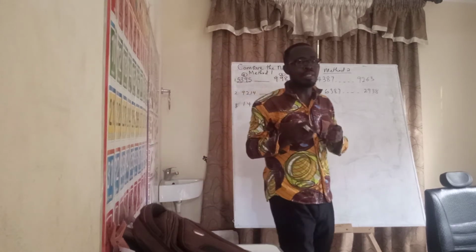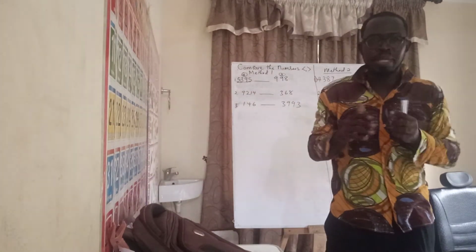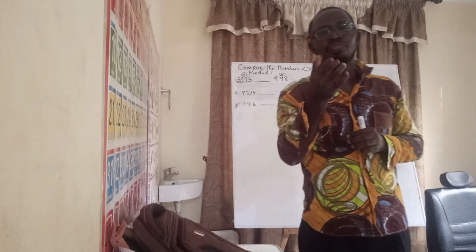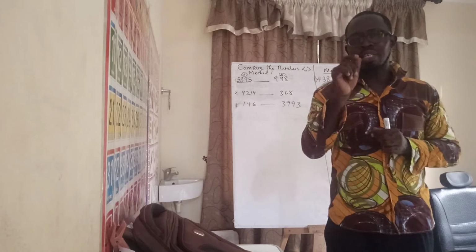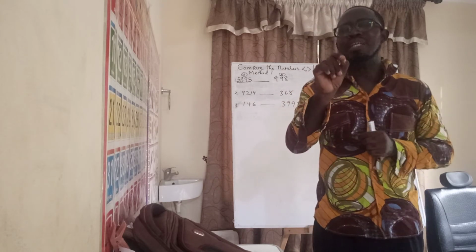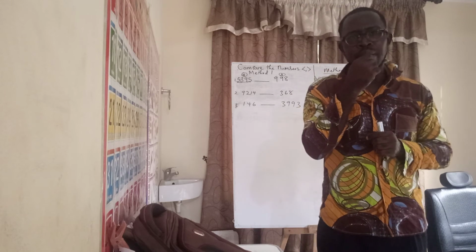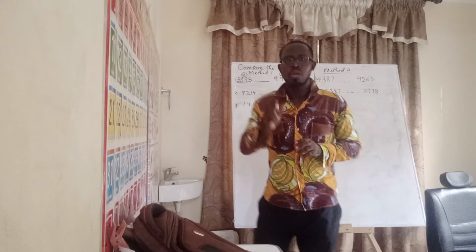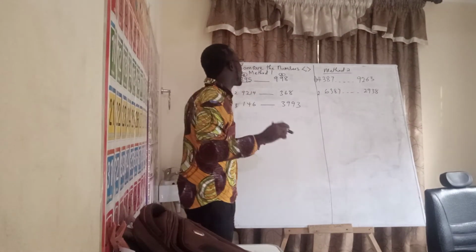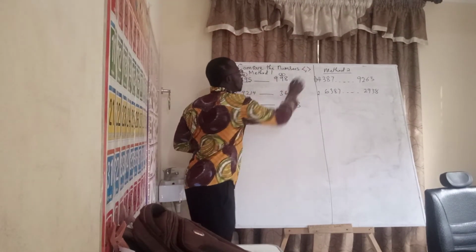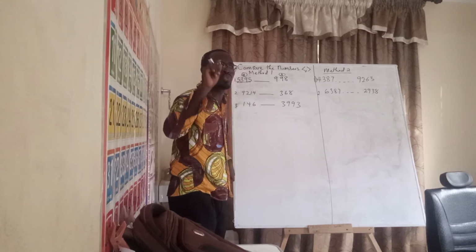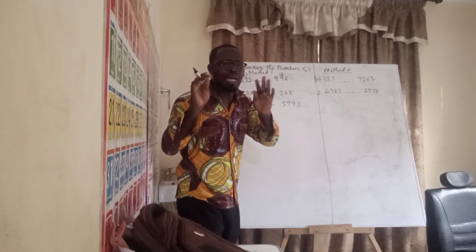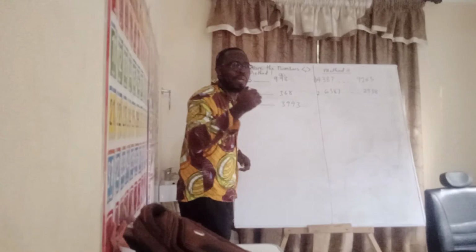When you are eating and the food is very big, you have to open your mouth very wide in order to allow the food to enter. If you are taking in small food, then you need just a small mouth opening for the food to enter. Because the number is very big, we have to open the mouth towards the bigger value we are going to compare. We have to make sure that we choose the one whose mouth is big, so that it can swallow the bigger number.